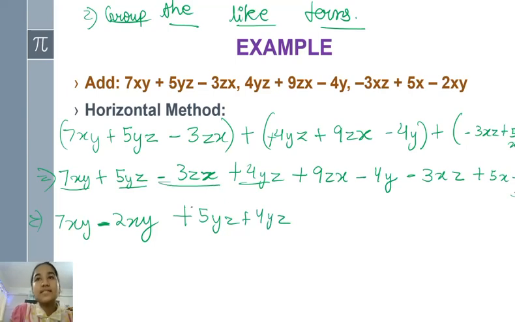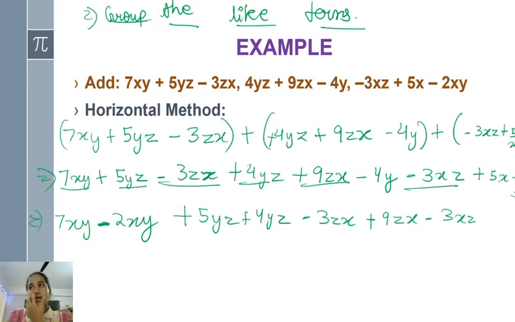Next, minus 3zx plus 9zx and minus 3xz, because z into x and x into z is the same, like 3 into 7 and 7 into 3 is the same thing, right? So minus 3zx plus 9zx minus 3xz. Next, minus 4y and plus 5x we have to keep separate.